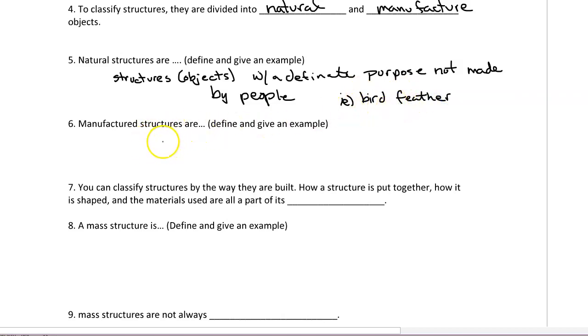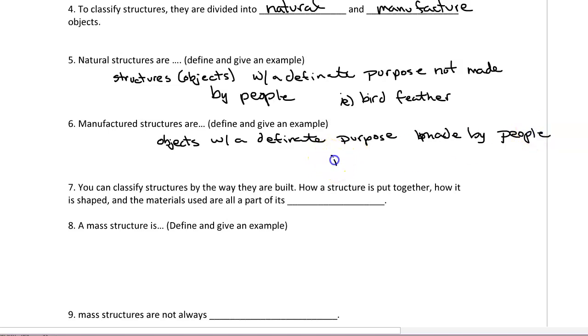Where manufactured structures are really just objects with a definite purpose made by people. Right? Made by people.